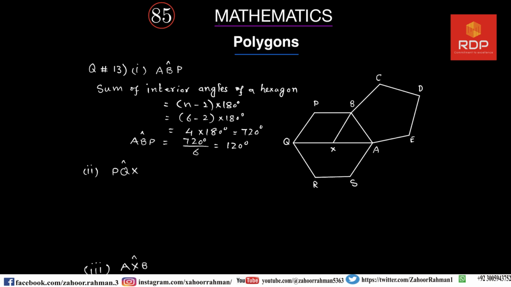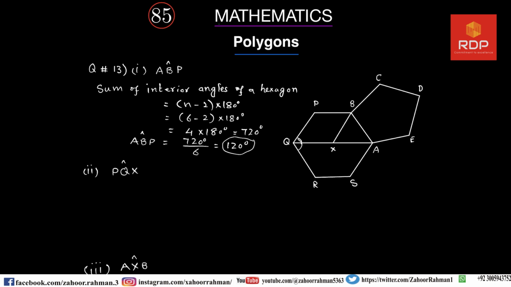Now let us do PQX, which is this angle. We are going to find that this is the half. We know that the interior angle of a hexagon is equal to 120 degrees.